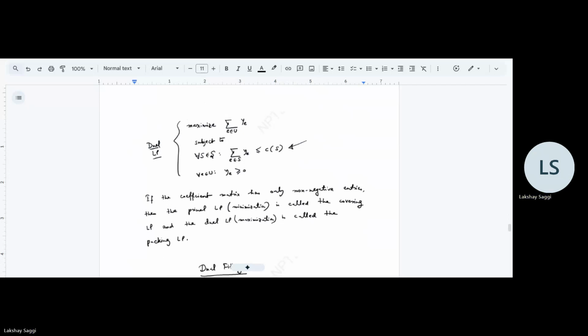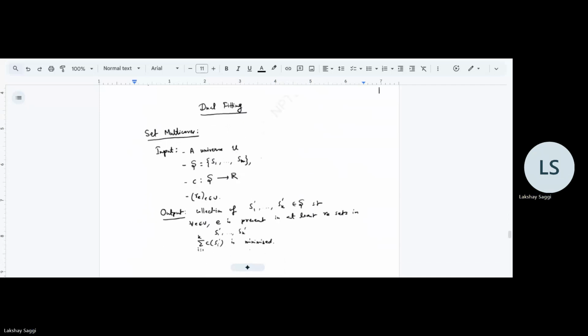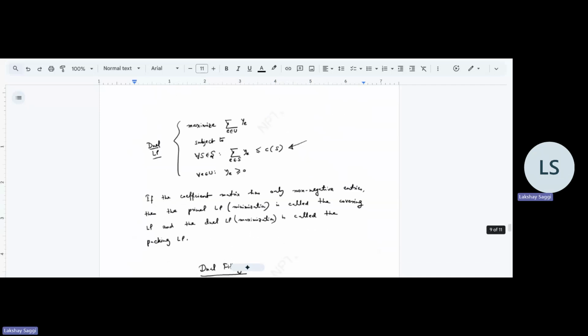It was discussed in the lecture videos that using these dual LPs, one can reanalyze the same algorithm discussed last week, and uncover that the greedy set cover is indeed log n approximate.